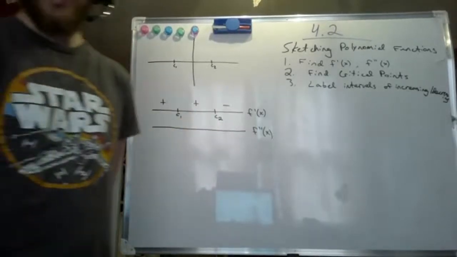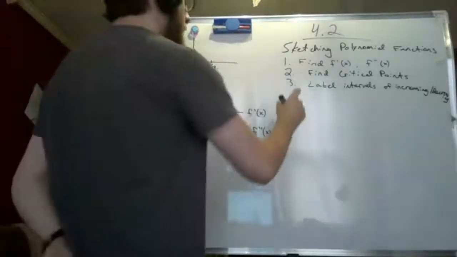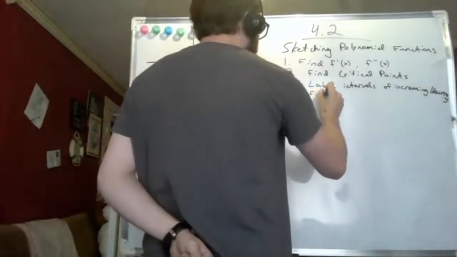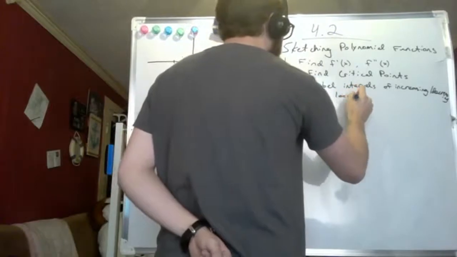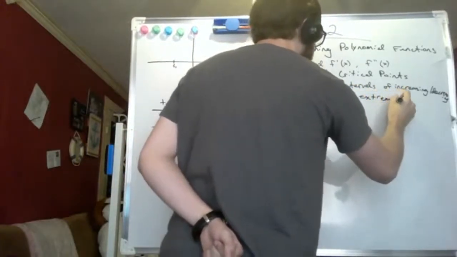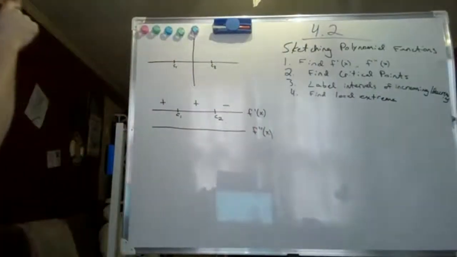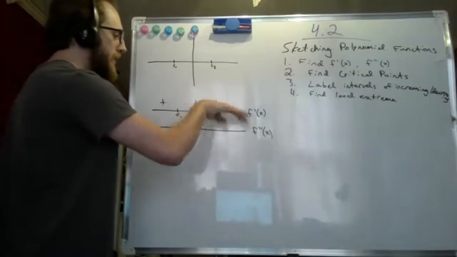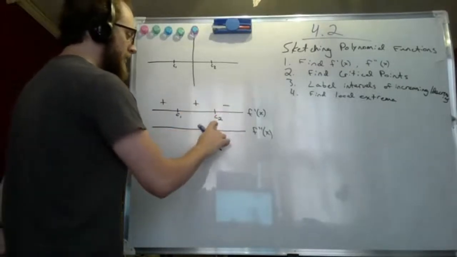So then what's next? Step 4. So based on these labels, find local extrema. And this is based on the first derivative test. So from the first derivative test, I can see that at C2, it's increasing and then it's decreasing. So what does that make C2?